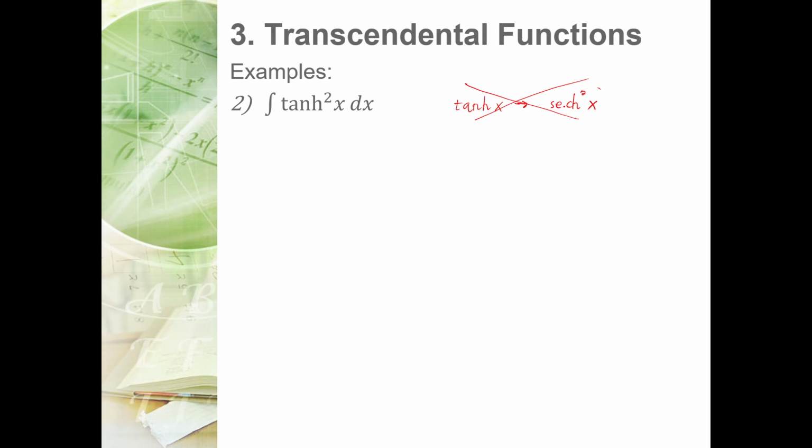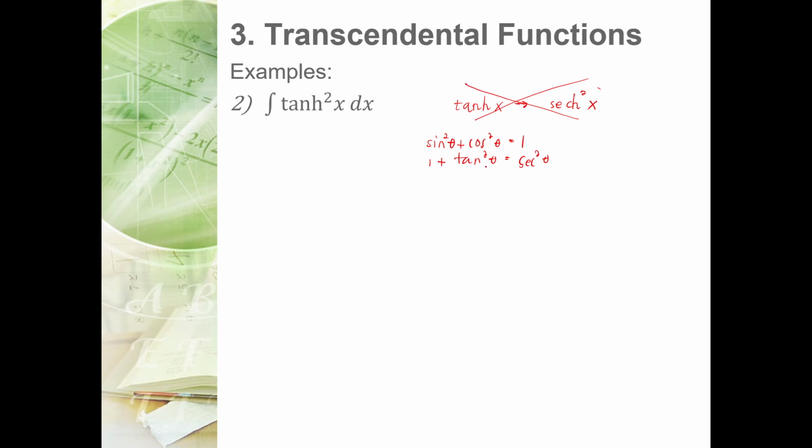So if we try to think of it again, since we have trigonometric identities, we also have hyperbolic identities. To recall your hyperbolic identities, let's try to list down first the trig Pythagorean identities.